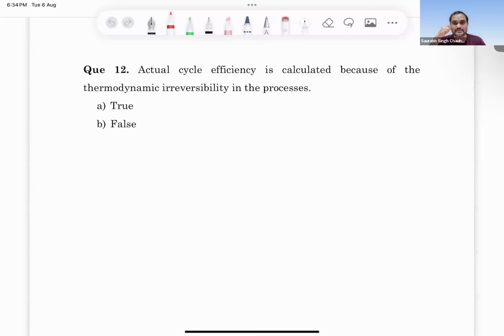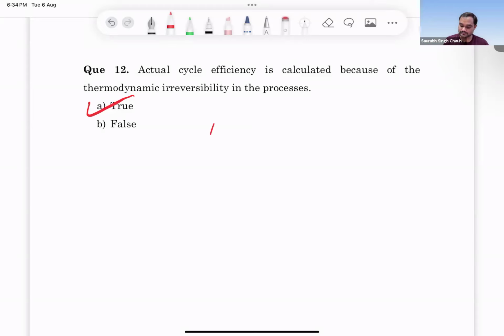So actual cycle efficiency is always less than ideal cycle efficiency, and the reason is there are irreversibilities. So we have to tell whether this statement is true. So this statement is true.